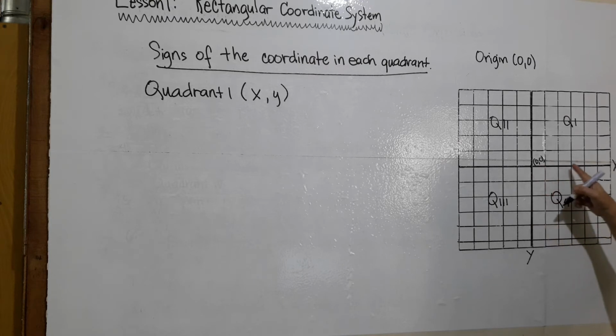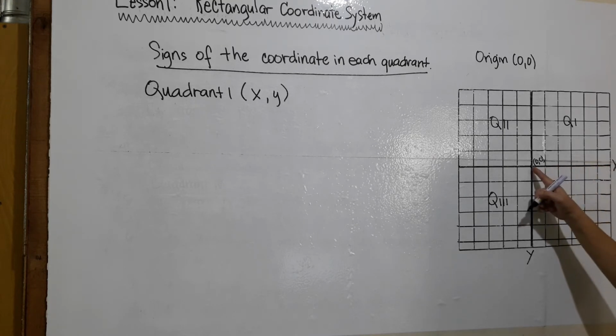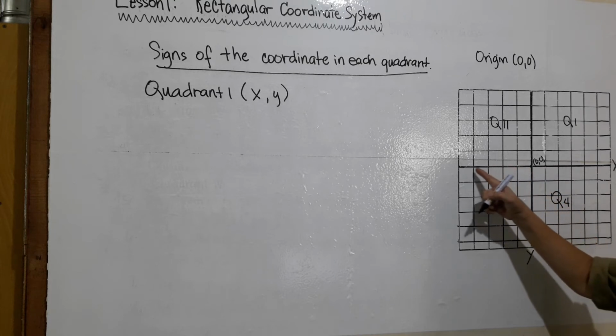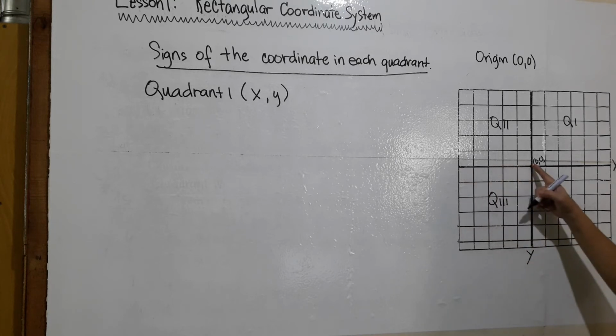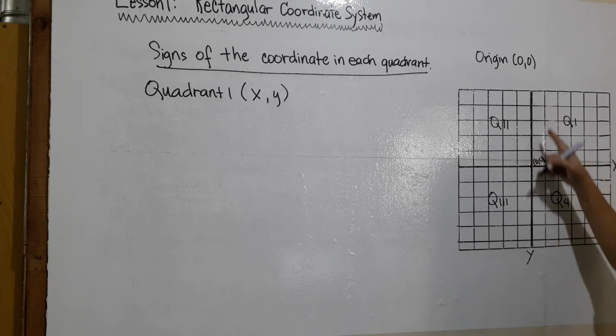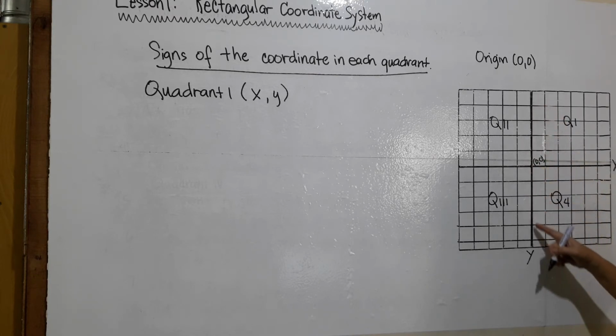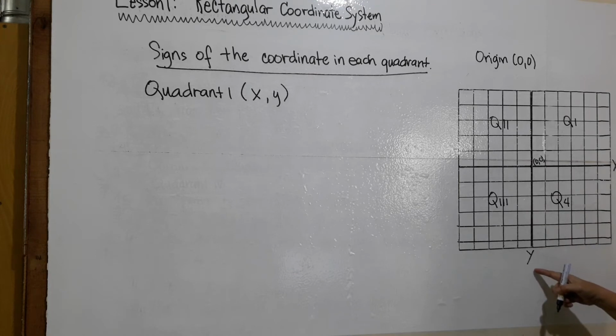Going to the right from 0, the sign is positive x. Going to the left, it should be negative x. For the y, going up from 0 is positive, and going down is negative.